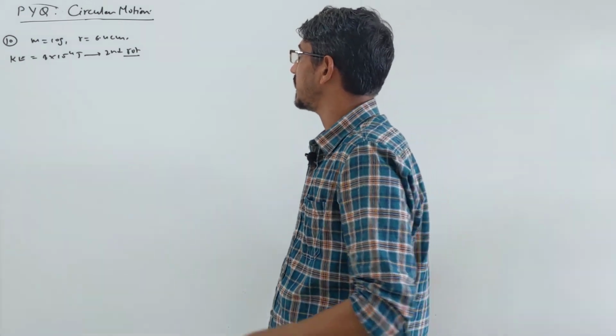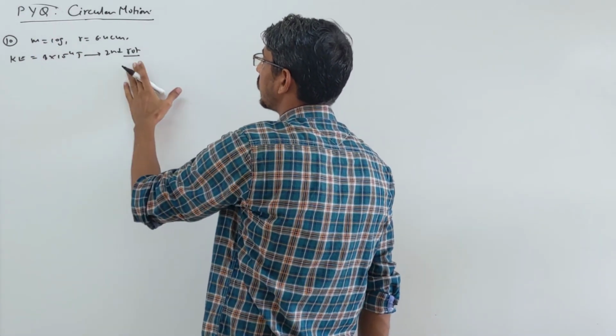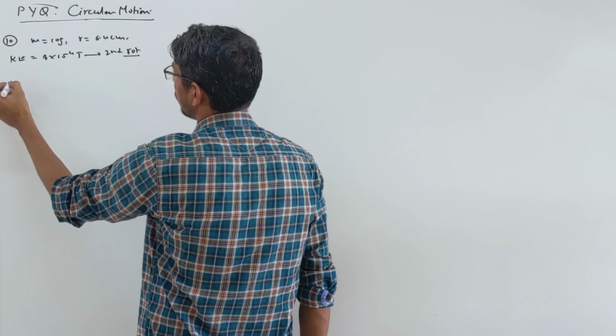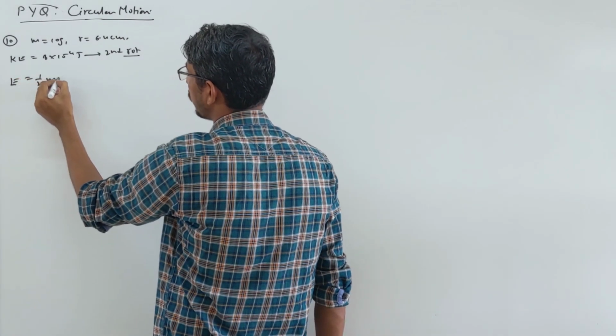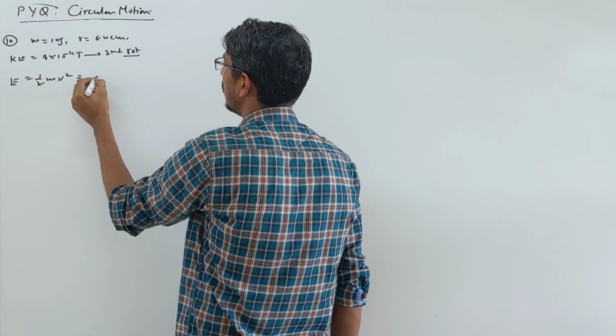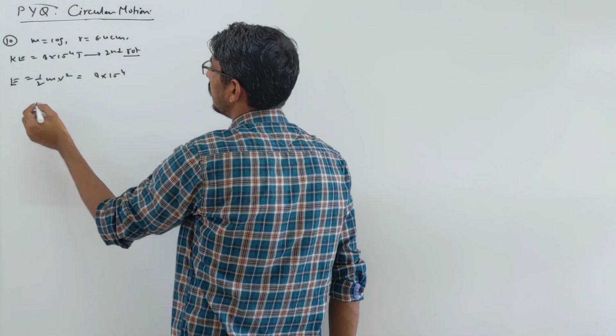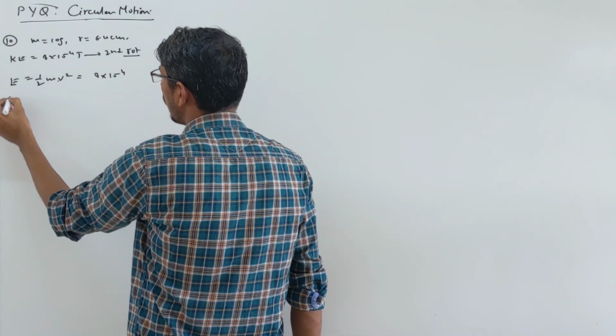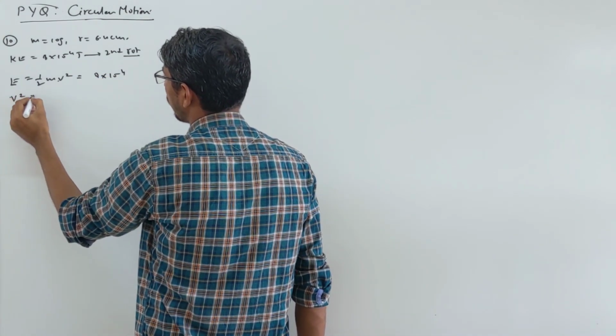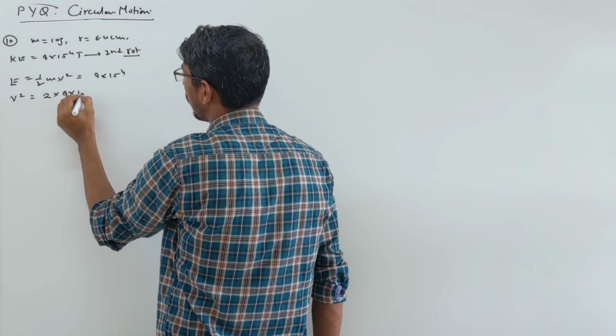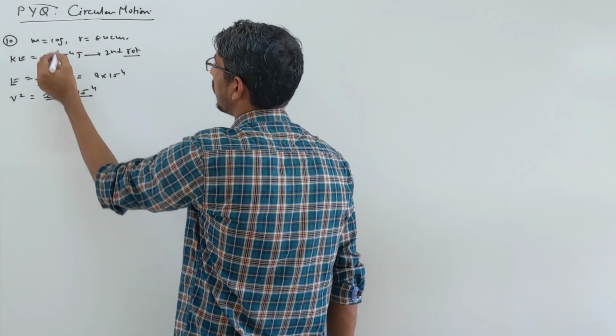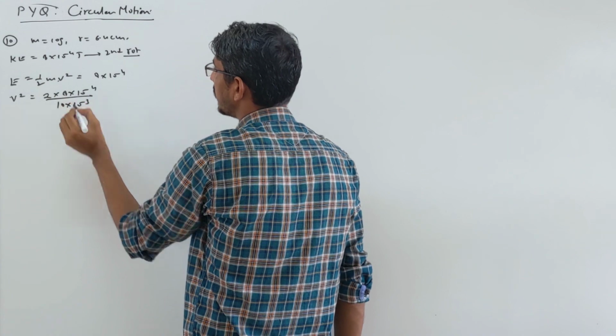Kinetic energy after the second rotation is given. Kinetic energy we know is half mv square, so we can calculate the final velocity from 8 into 10 power minus 4. v square will be 2 times 8 into 10 power minus 4 divided by mass, which is 10 into 10 power minus 3.